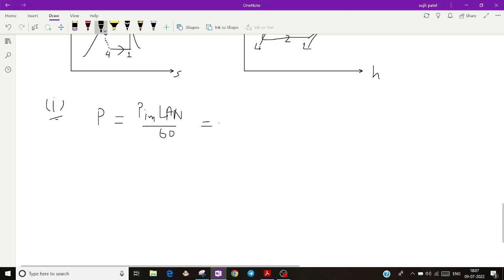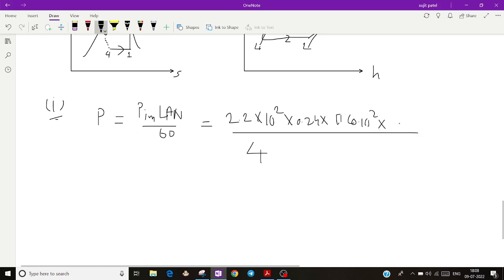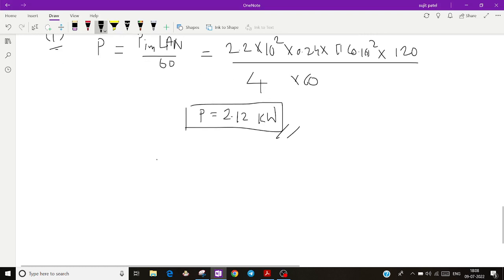The indicated mean effective pressure is 2.2 bar, that means 2.2 into 10 to the power 2, stroke length 0.24 meter, area pi by 4 times the bore diameter 0.16 meter squared, into N, which is 120 RPM, divided by 60. When you simplify this, you will get 2.12 kilowatt, that is the power required. This is the answer of the first question.